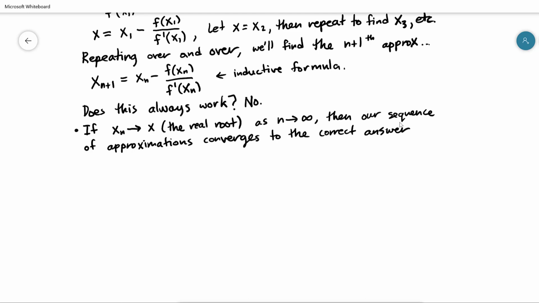So that's one possibility. But if xn does not approach x as n goes to infinity, our method fails. And this can happen.